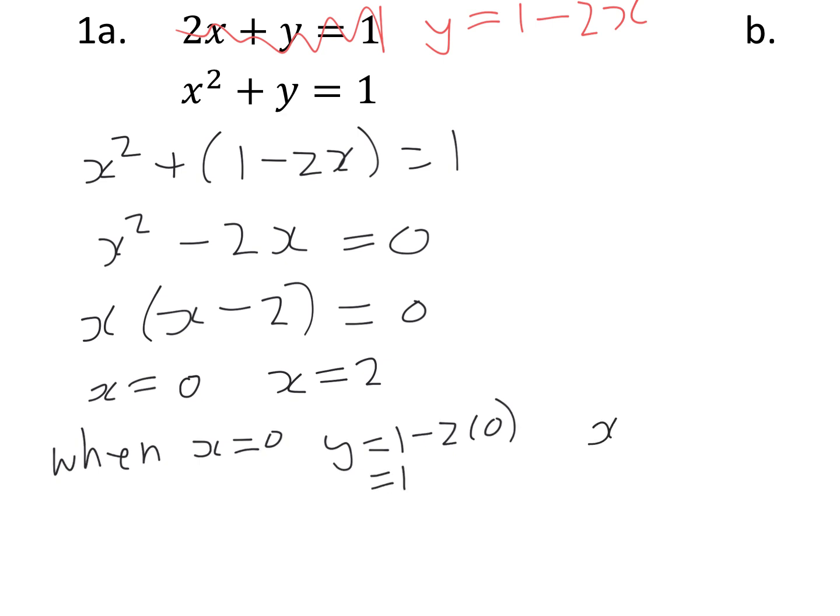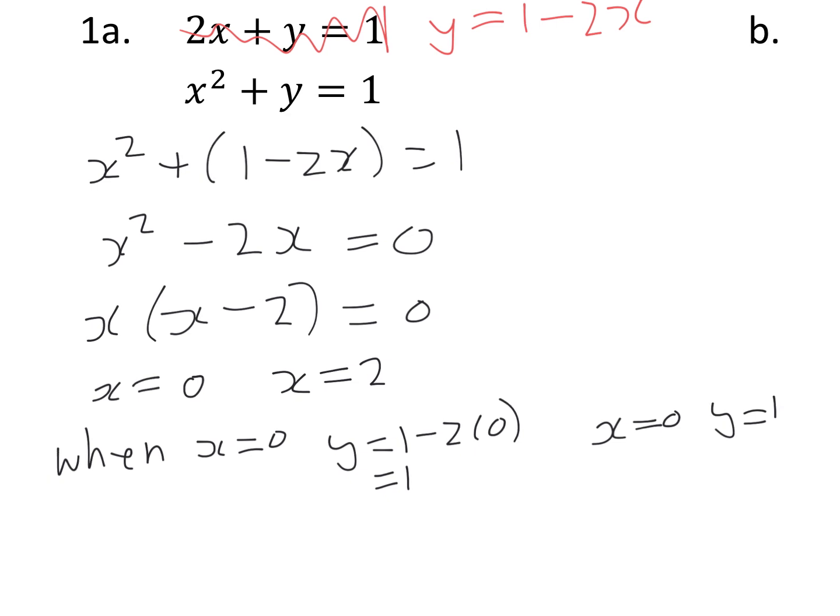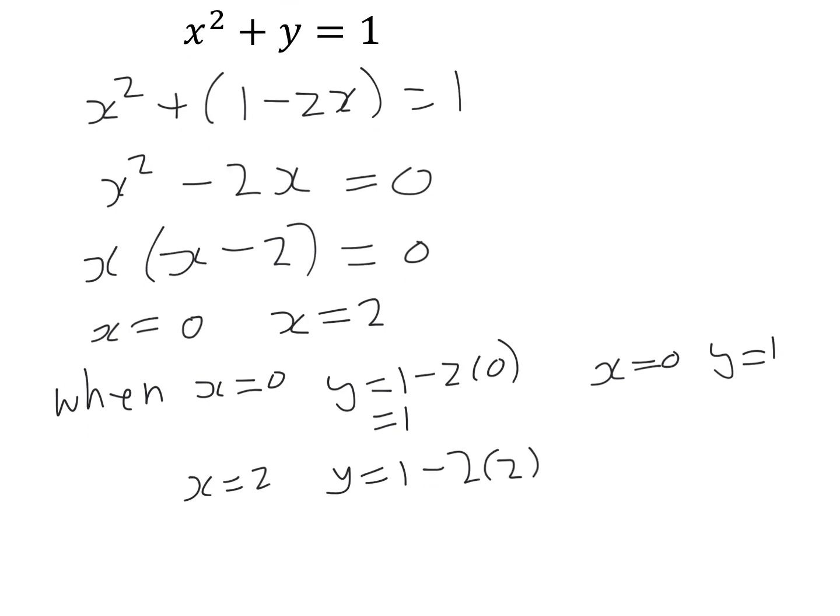So when x is 0, y is 1. That's one pair of solutions. But there was also the other option that x could be 2, and there'll be a different value of y. So when x is 2, y is 1 minus 2 twos, which is 1 minus 4, which is minus 3. So when x is 2, y is minus 3.